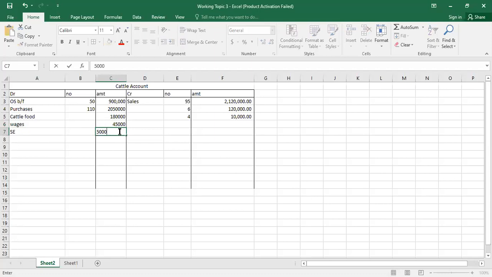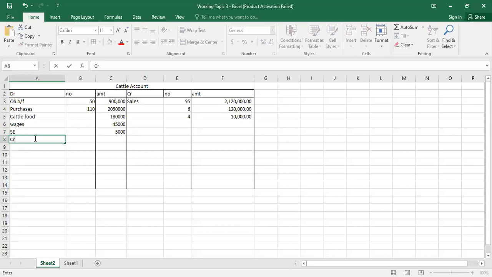Then down there, we've been told crop worth 50,000 was grown on the farm and used for feeding cattle. Are we there? So we are going to debit the cattle account and credit the crop account, right?